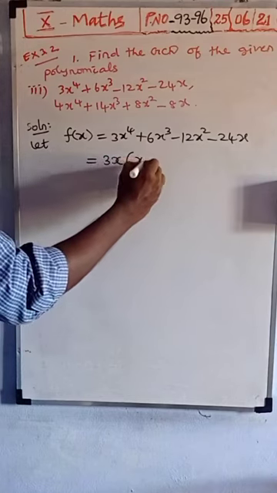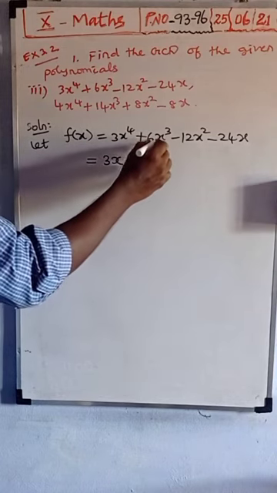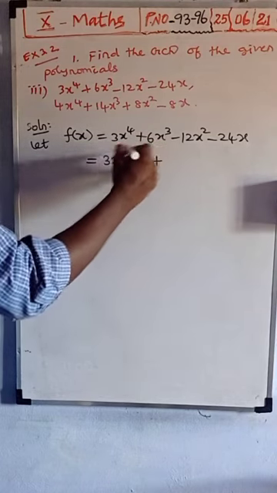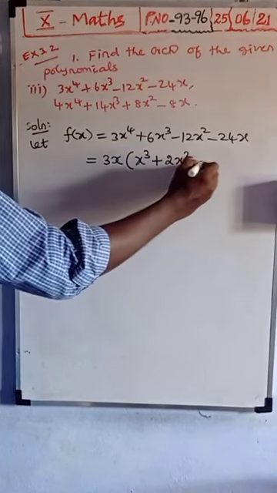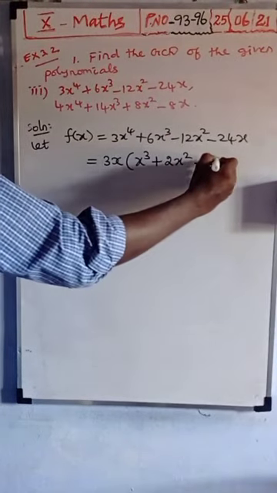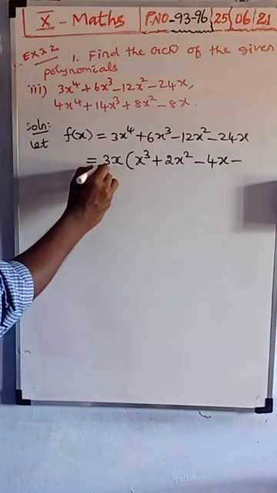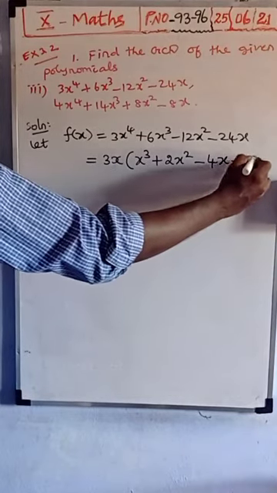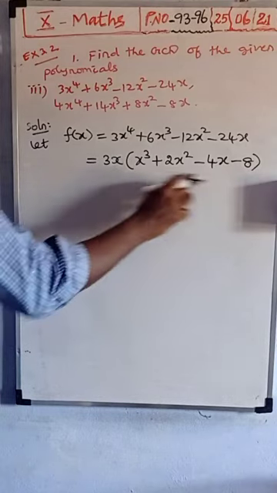Remaining here is x cube plus, since 1x went outside, 3 times what is 6? 2x squared you will get. Next, minus, 3 fours are 12, and 1x went outside, so remaining is 1x, minus x. 3 eights are 24. So 3x is common, you take it outside, and we get this polynomial.